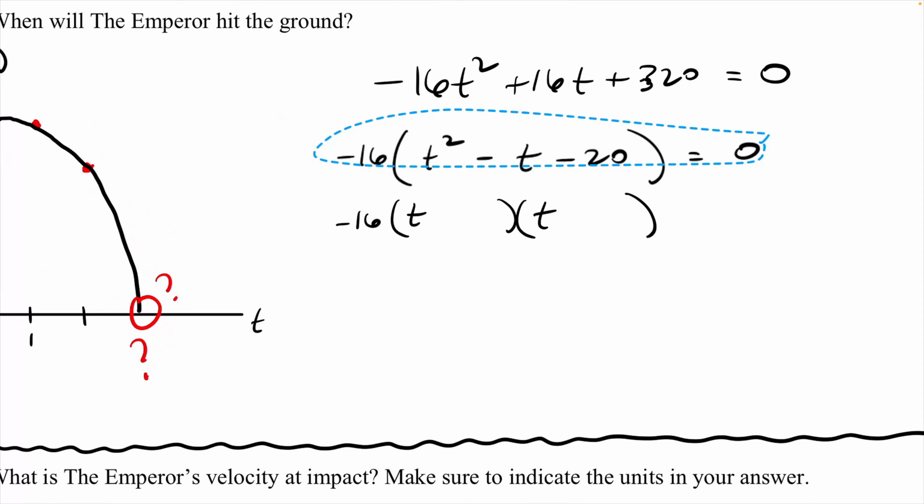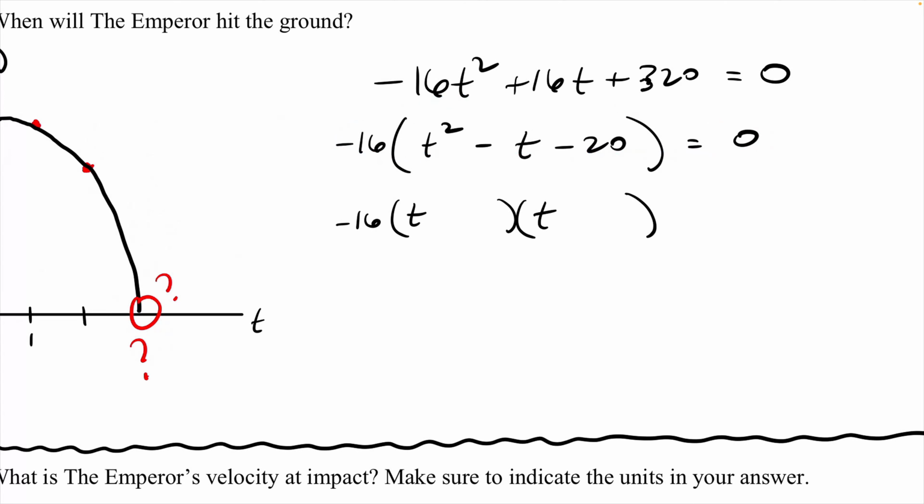Negative 5, positive 4. What's t going to equal? 5 and negative 4.